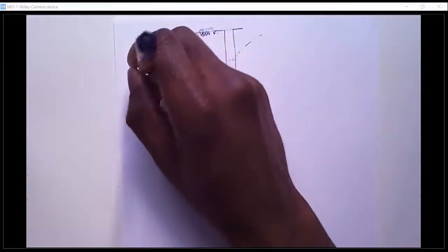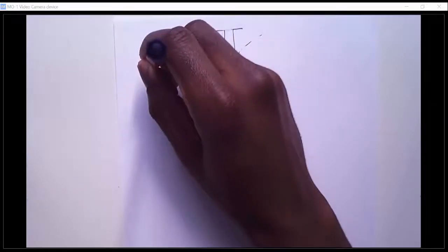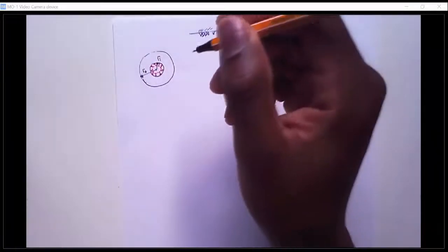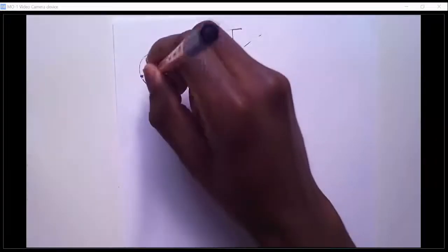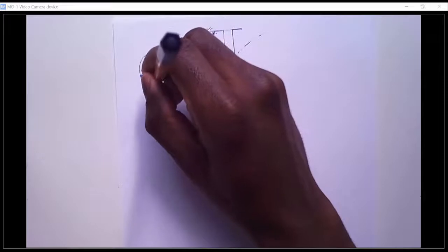So r_o for outer radius, r_i for inner radius, and we want to figure out what happens at a random position.